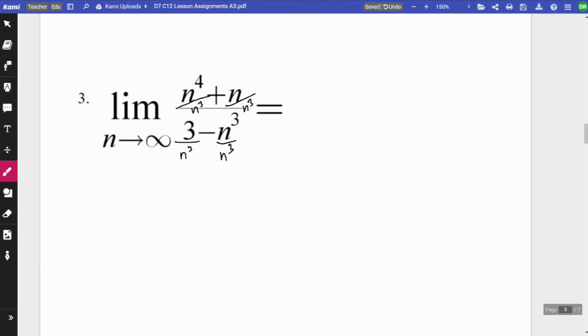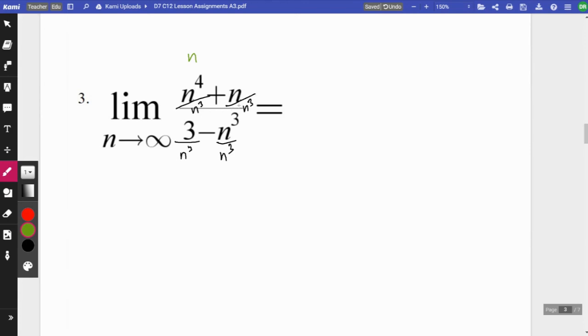I'll take a moment and explain this in a second. If I start looking through this, I'm seeing that some terms are going to drop off. I mean, n to the 4th over n to the 3rd, that's not going to drop off. I'm going to be left with an n after I simplify this, because 3 of them are going to cancel out from top and bottom. There'd be one n left over.